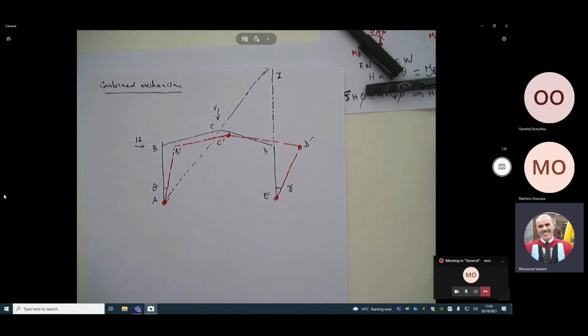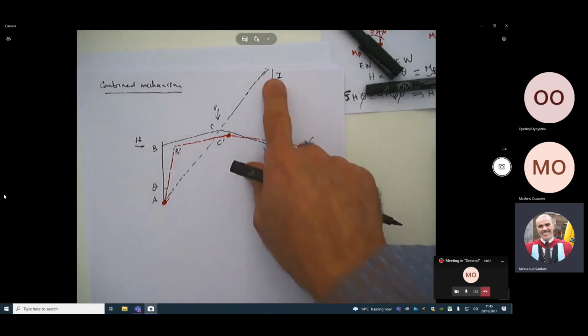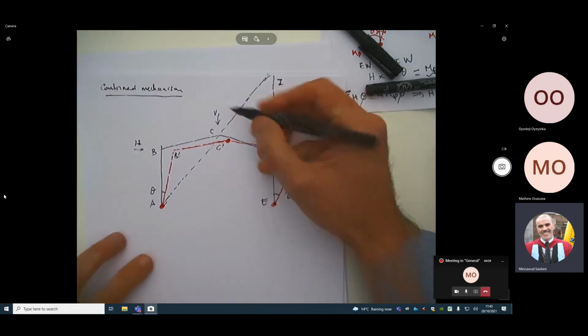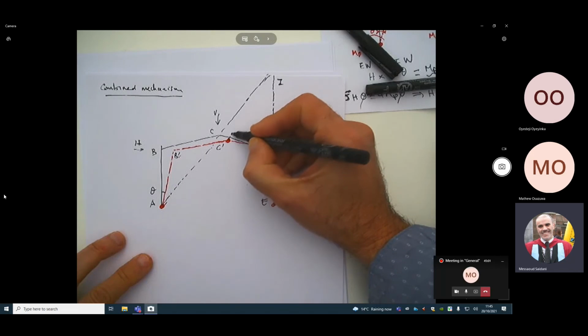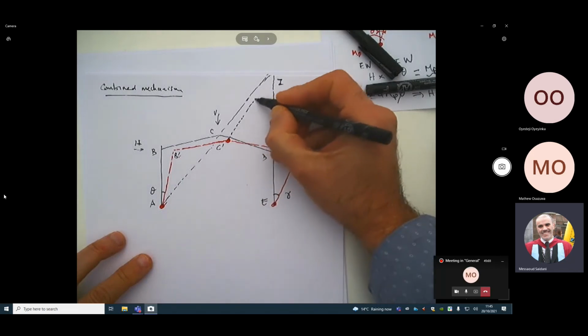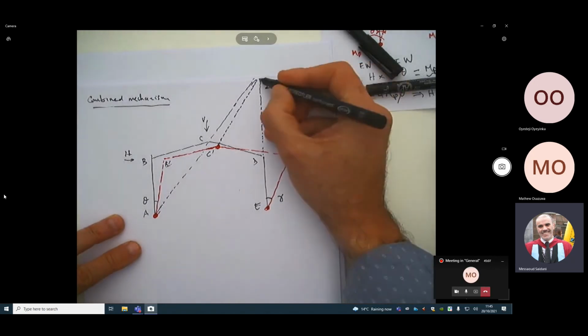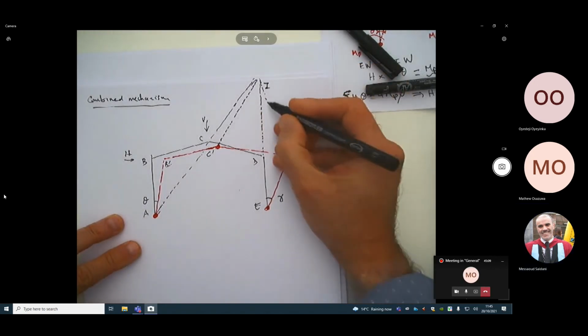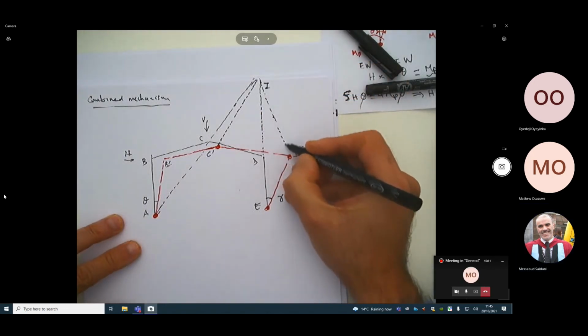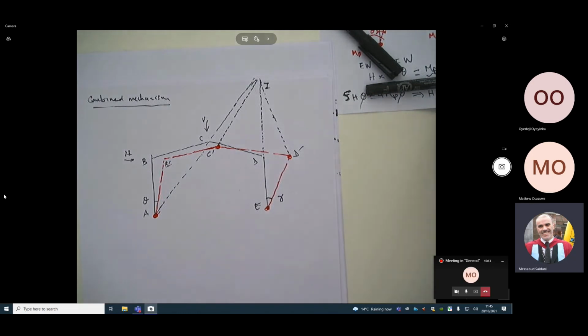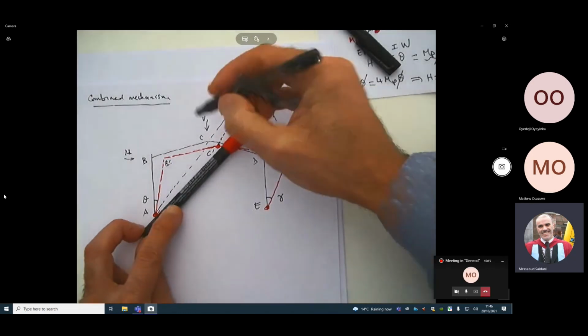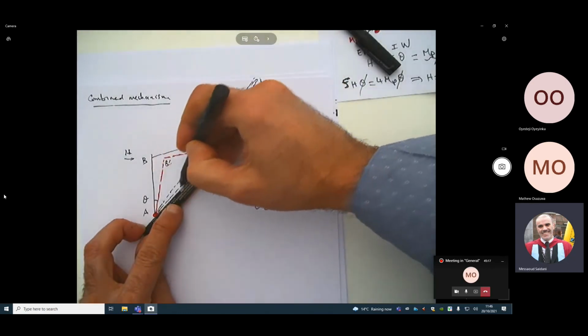Okay, so now we take point I and join it to C dash, and I join it to D dash. Then I join A to C dash.